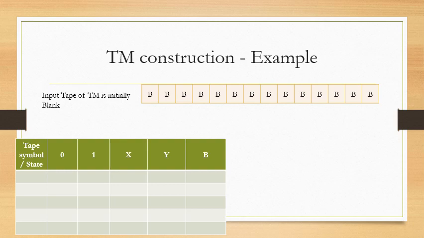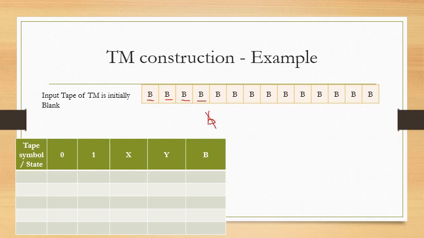In a Turing machine, we know that we have an infinite tape. The tape length is infinite, and initially the tape cells are filled with a special symbol called blank. So all the cells will have this special symbol called blank, and we represent the blank using the uppercase B, or otherwise we have one more symbol like a B with a slash.